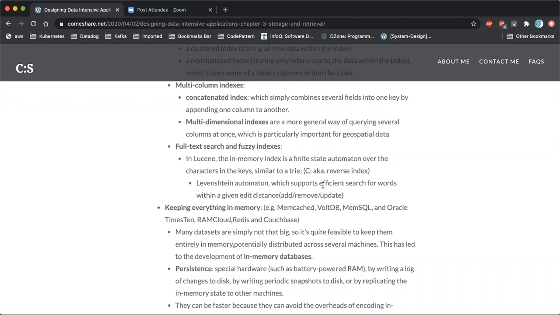Either you iterate through the entire hash map, the entire data, and see which keys exist between 1 and 10 and return the values, or you create all the possibilities of values between 1 and 10 and search if those exist in the hash map. My understanding of what he has been explaining in the book is that whenever you want to do range queries, hash maps are not good.